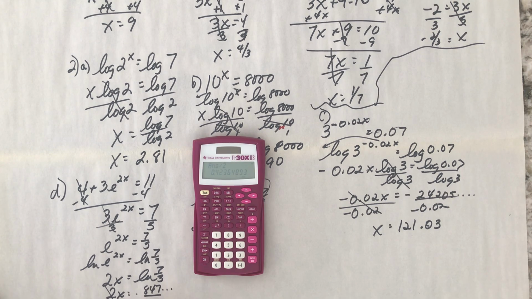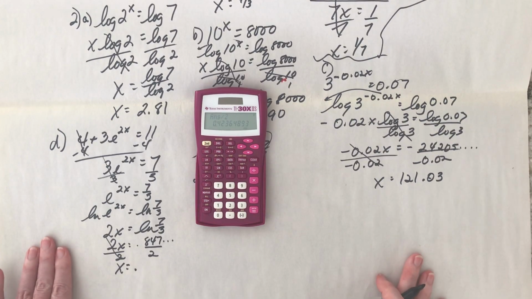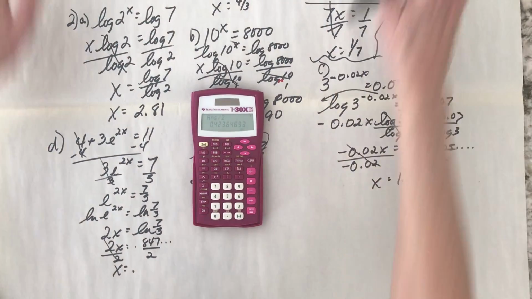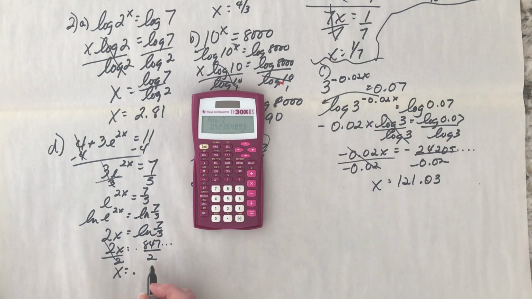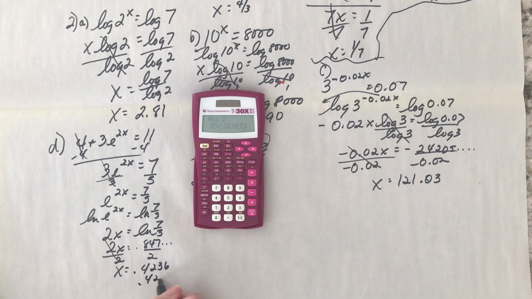And we're getting x equals 0.42, barely. Nope, not barely. We're getting 0.4236. Good answer there. To the nearest hundredth, so 0.42 is what he's looking for. 0.42 there.